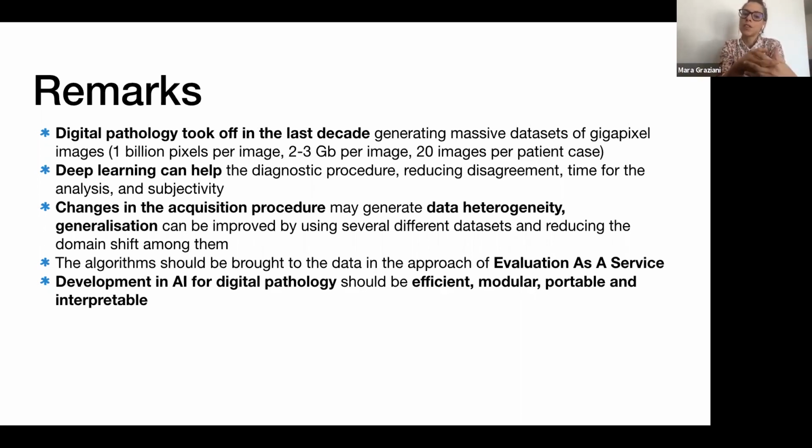Deep learning can help the diagnostic procedure. It was shown to reduce disagreement, and it could also reduce the time for the analysis and the level of subjectivity in the analysis. However, changes in the acquisition procedure can generate heterogeneity in the data, and generalization should be improved by using several different data sets and reducing the domain shift among them.